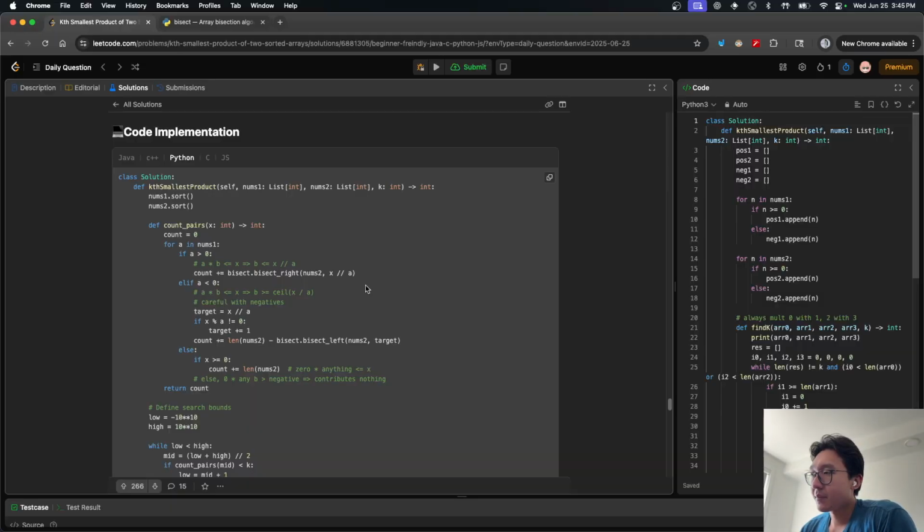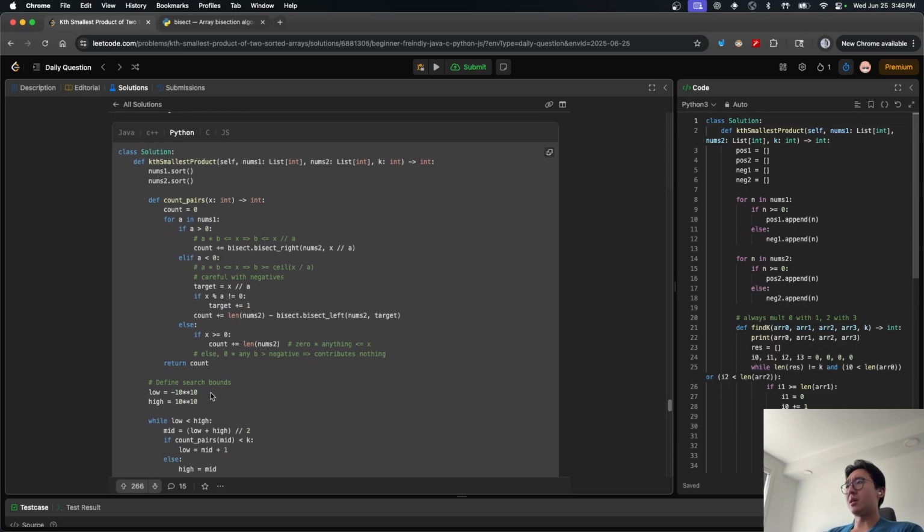Okay, I think I got it. So it's pretty much you get the left and right, which is all the possible products that we want, right? Which should be like an insane number, right? Yes.